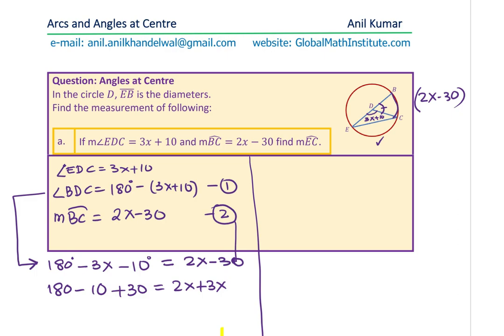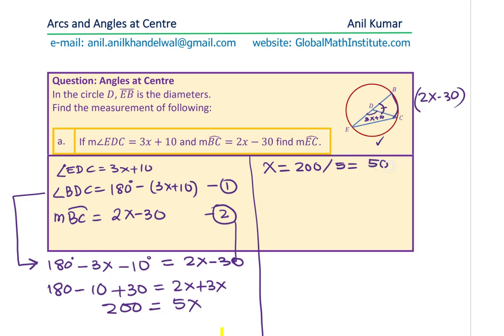So 180 minus 10 is 170, and 170 plus 30 is 200. So we have 200 equals 5x, and that gives you the value of x as equal to what? 200 divided by 5, and that is half of 100, which gives us the answer as 50.